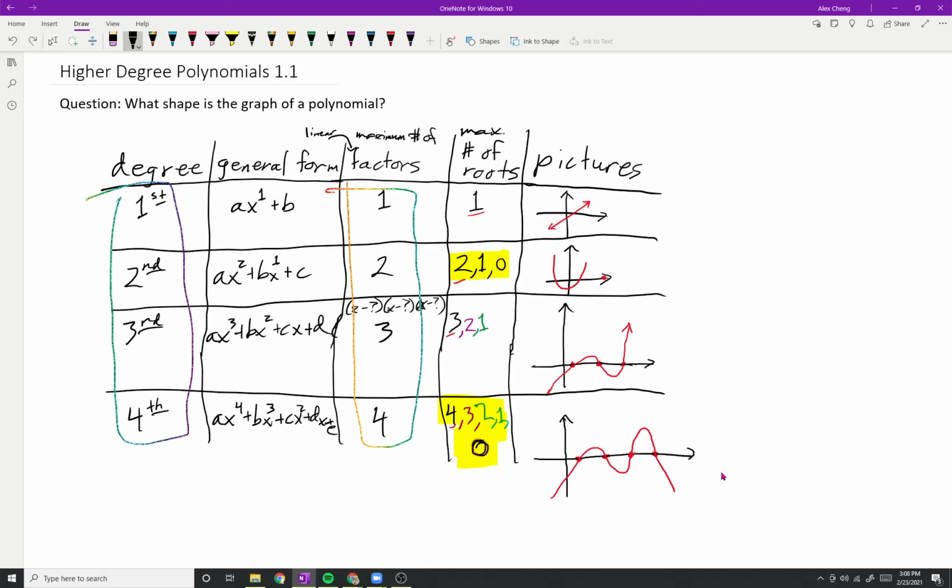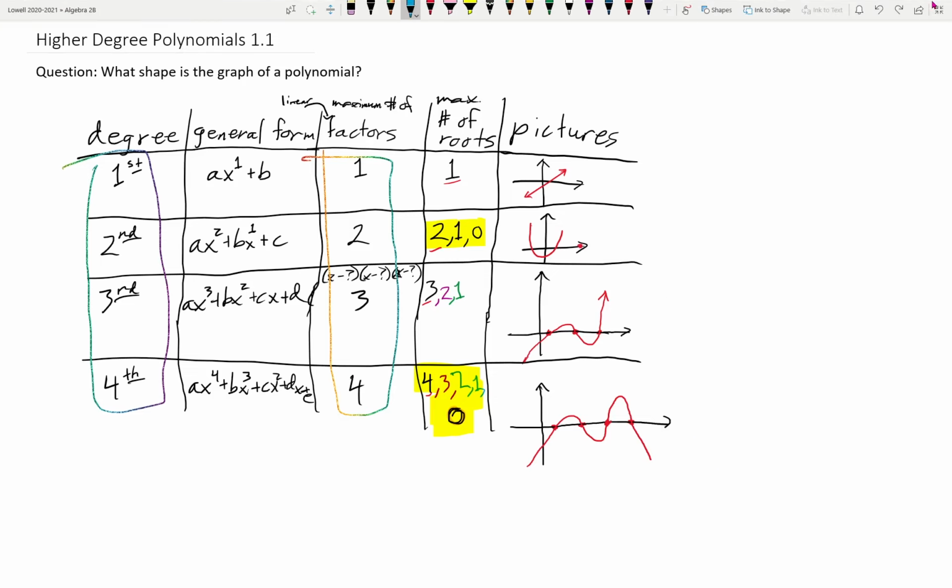Alrighty, so first we're going to take a look at how they are increasing or decreasing. So let's take a look at a linear function, starting with the one that we've drawn here. This one starts off negative and then only increases, so it's going upward.